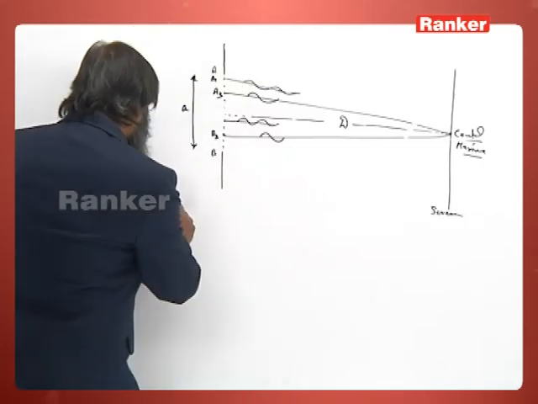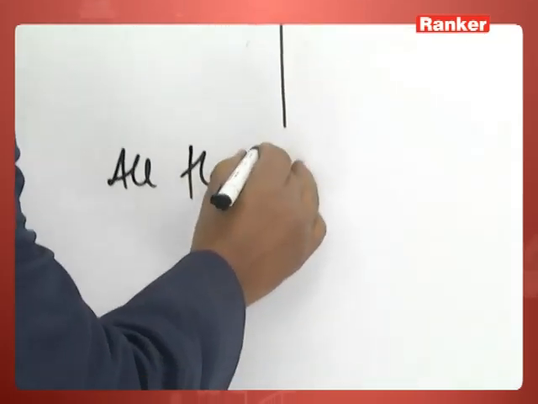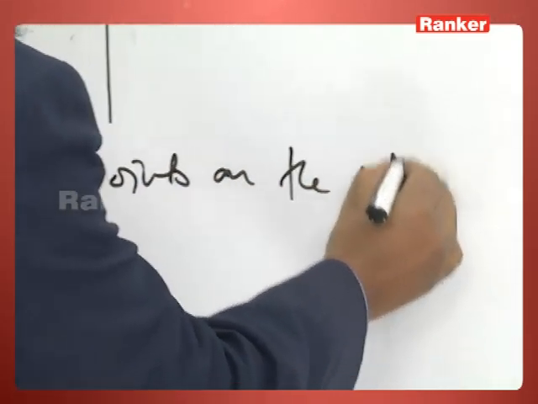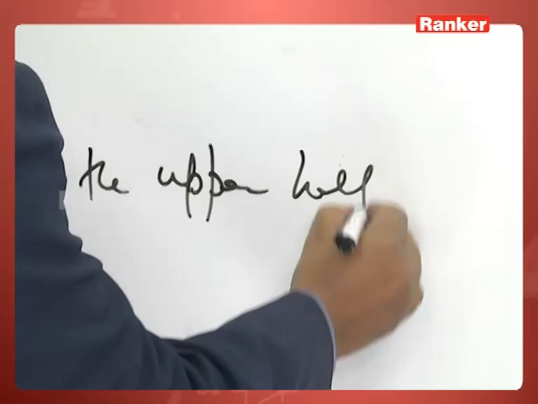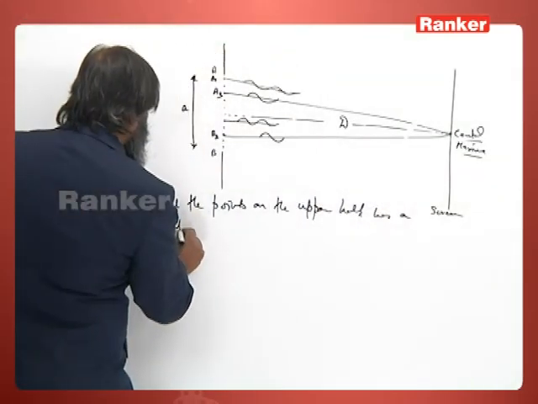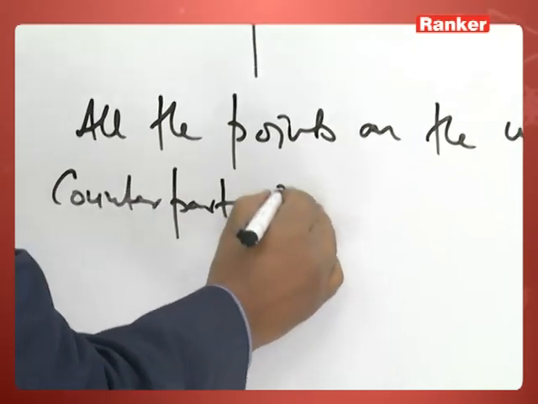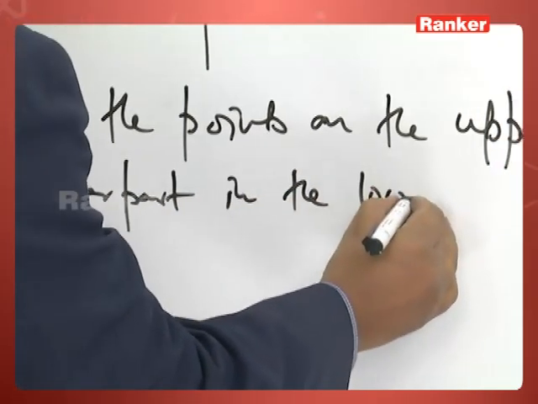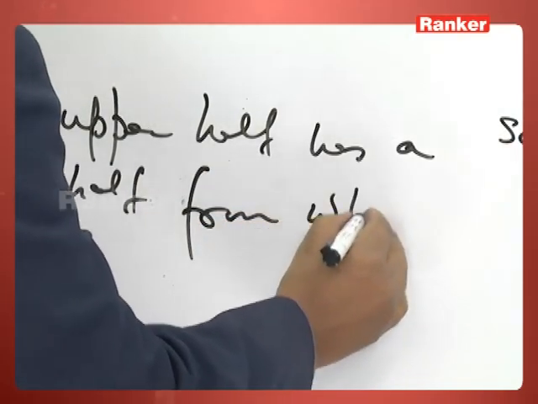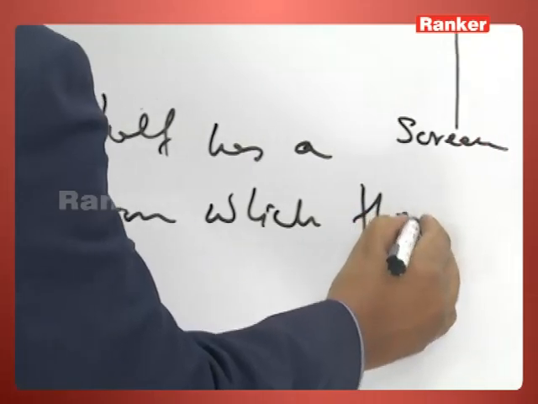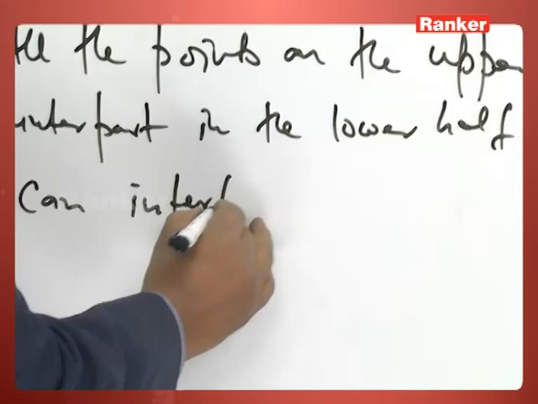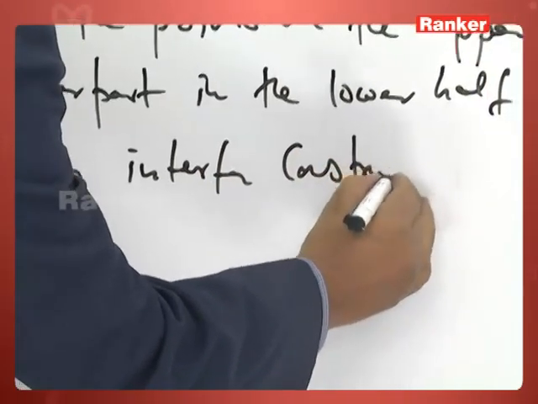So, all the points on the upper half have a counterpart in the lower half with which they can interfere constructively.